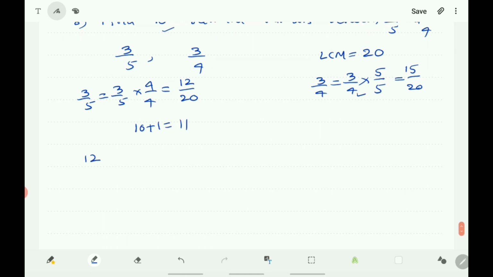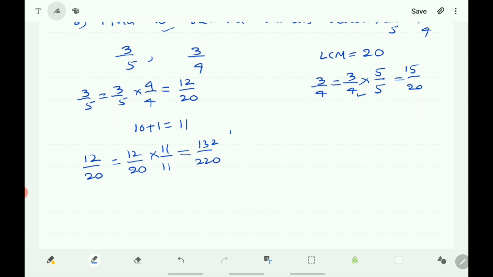Therefore you take 12 by 20 and multiply by 11 by 11 to have 10 rational numbers. That becomes 132 by 220, since 20 into 11 is 220.